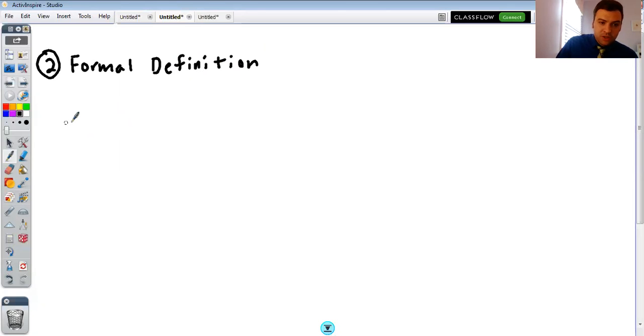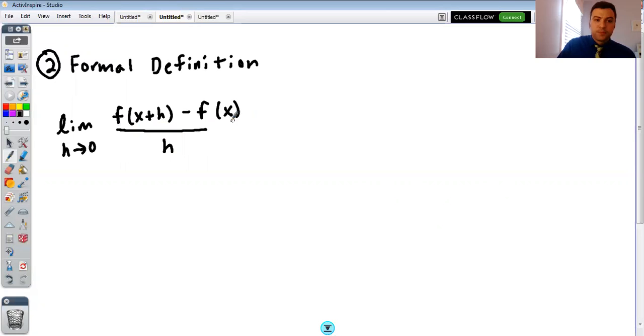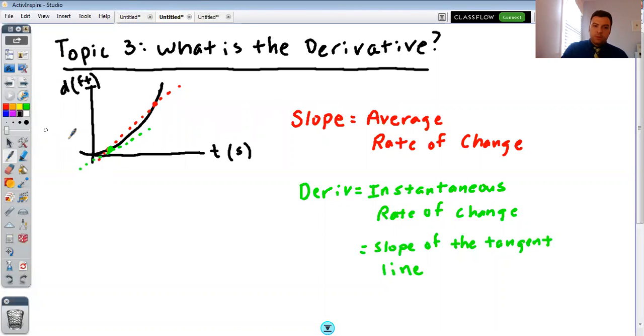But some different notations, and I'll kind of do the quick overview, but essentially the idea is the limit takes what would be a slope between 2 points and brings those 2 points together, right? We go back to our problem here.